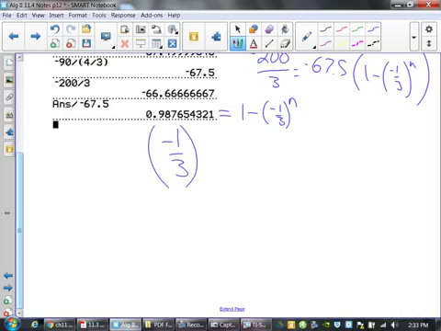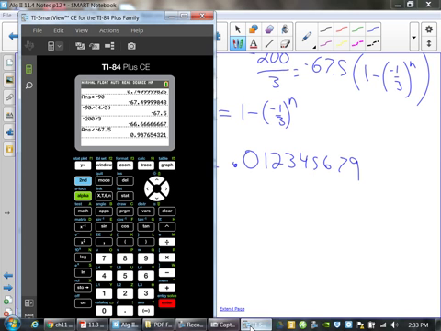Everybody's having this realization. Put in your calculator, 7, 8, 8, 7, 8, 9, that's one. You're taking 1 minus that answer, and you get that. It rounds it. I think it's 7, 8, 9, but it just rounds it.